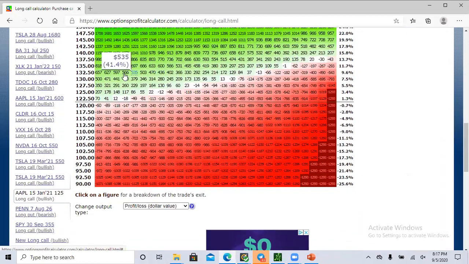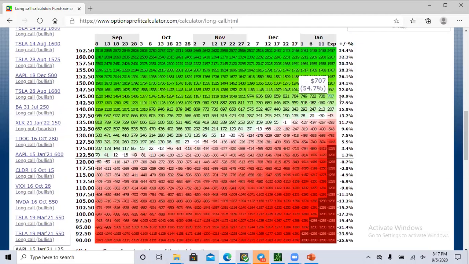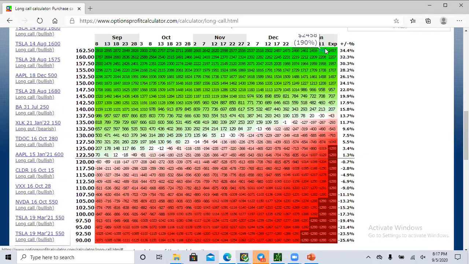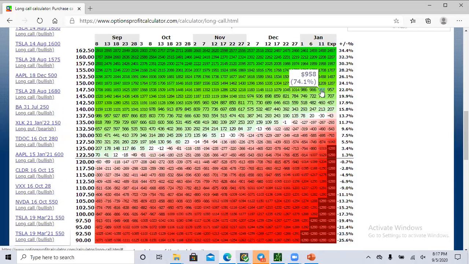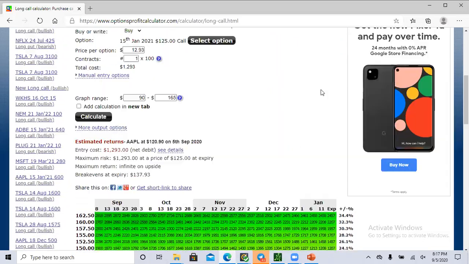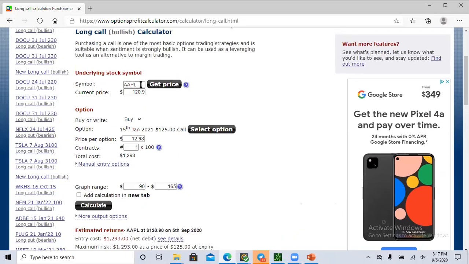So if you're at 132, nobody's going to want to buy it. But if you're up here, people will buy it just because it's significantly higher. I'll show you another one.